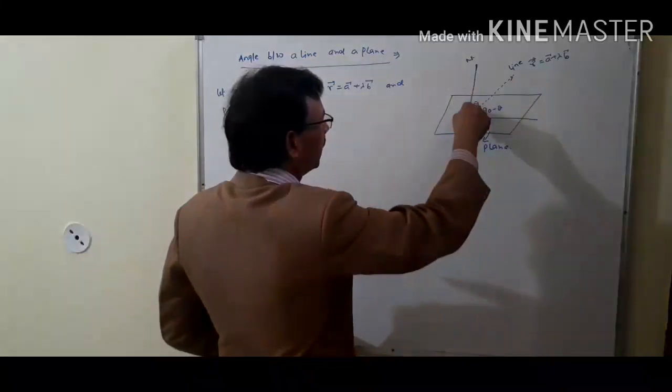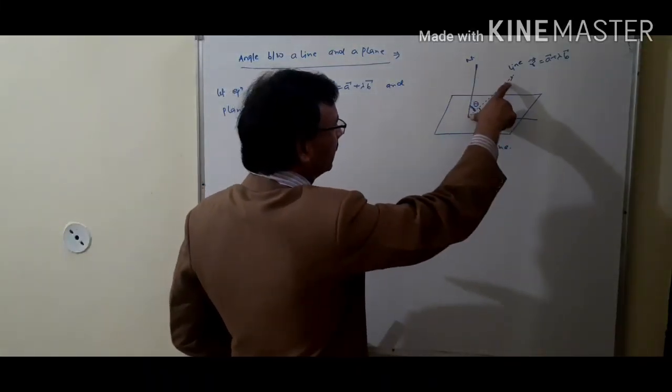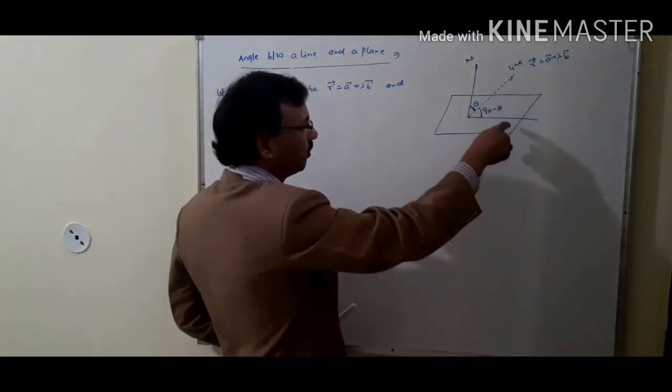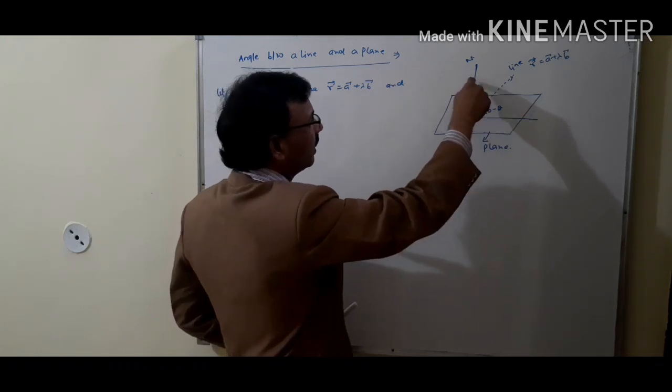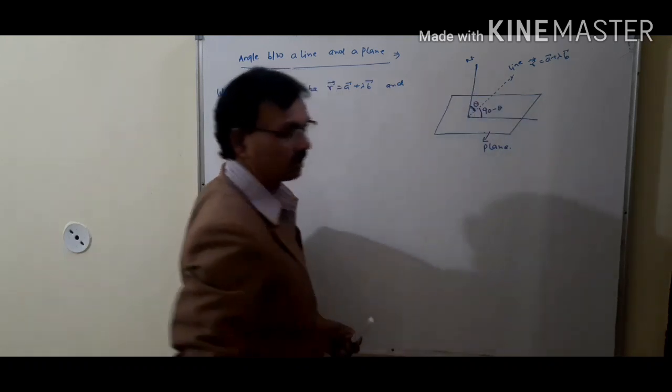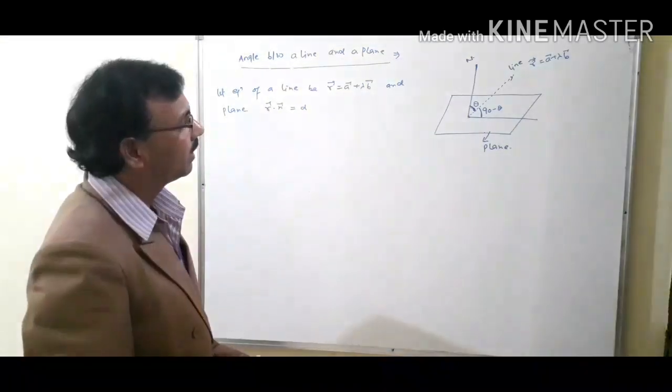Since n is the normal of this plane and this is the line, the angle between line and plane is defined through the angle between the normal of the plane and the line.